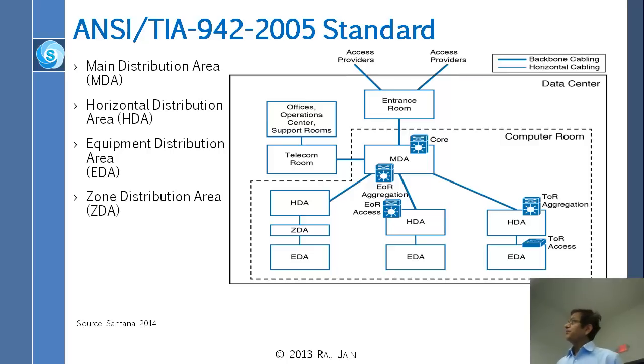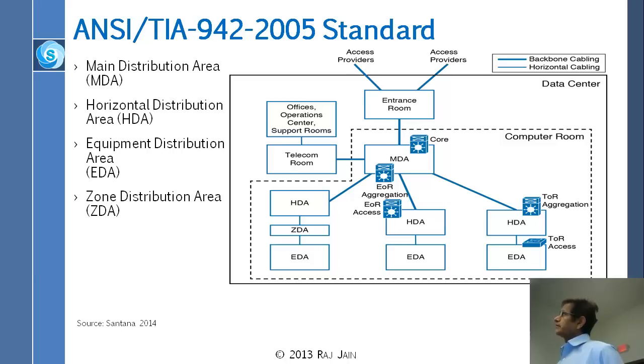But basically, they recommend that you set up your data center like this, where you have the entrance room, where the access providers, the carriers, companies like AT&T, Verizon, who provide networking, bring their cables in. So that is the entrance room.